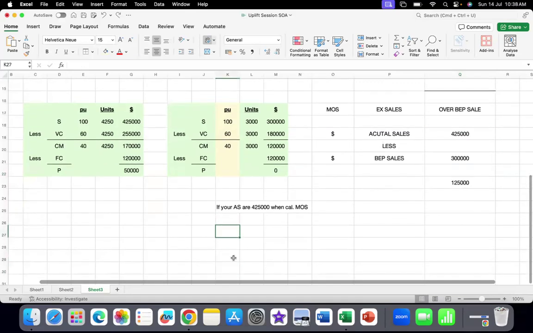If we divide this MOS, we also get a MOS ratio. MOS ratio is equal to the margin of safety divided by actual sales.